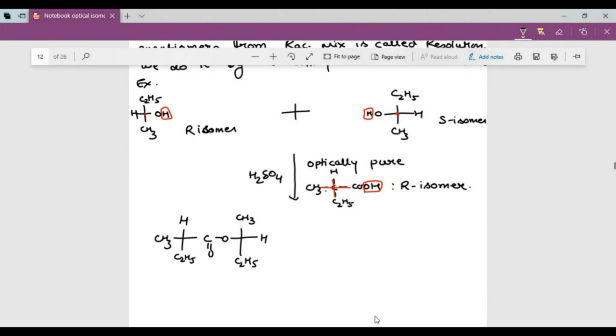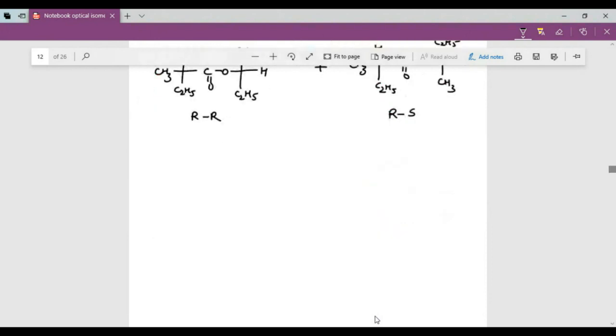So in this, the two chiral centers are R and R. Now let me draw one more: CH3, H, C2H5, COO, H, C2H5, CH3. This is an R,S configuration. Now I can clearly see these two are diastereomers.